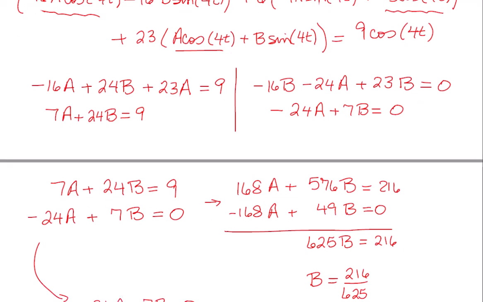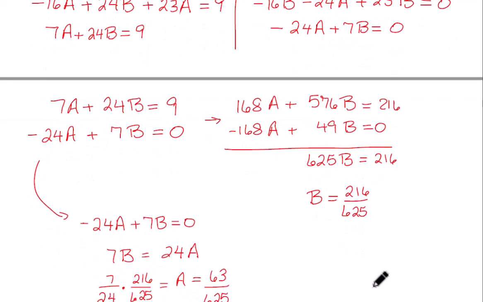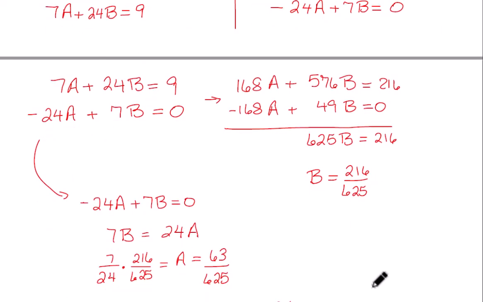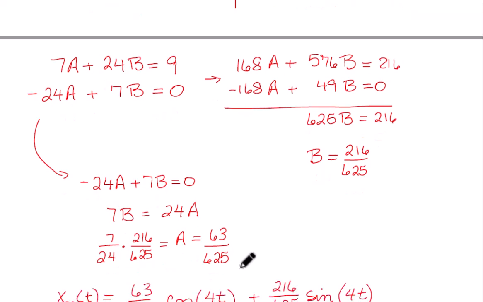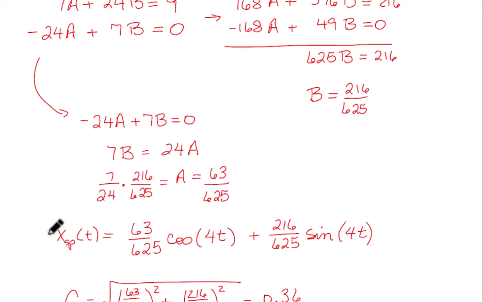And so we end up with finding b is 216 over 625. And when I find a, I've got 63 over 625. All right, so looking at that, so here's my basic solution. So I've got my coefficients of a and b in there.